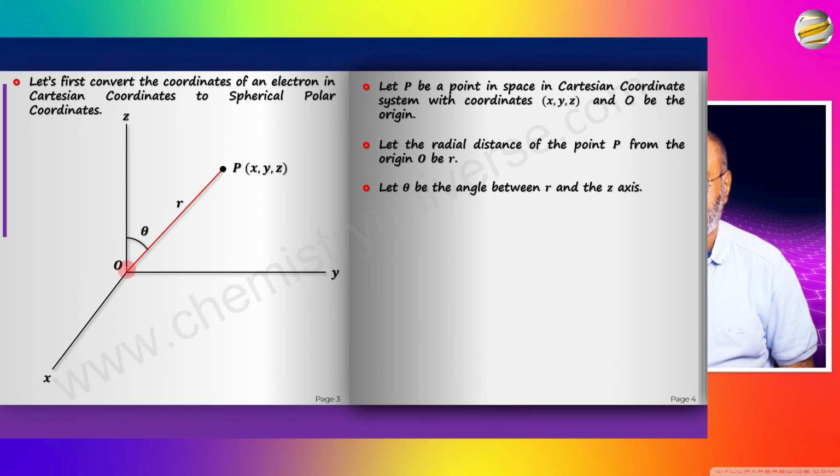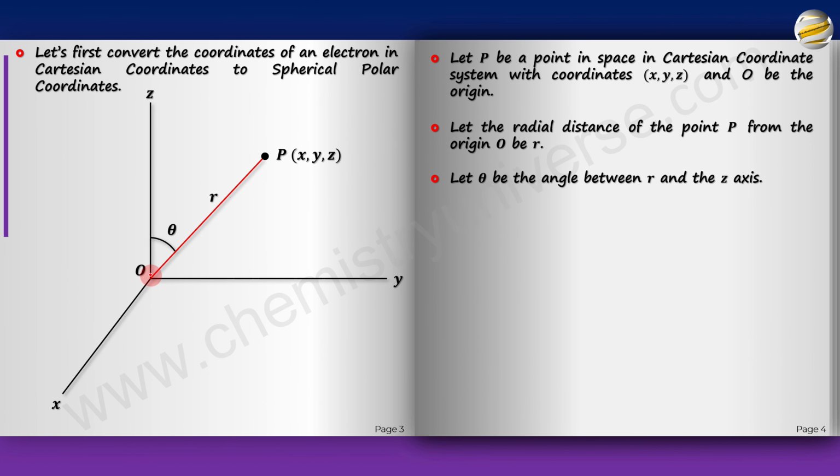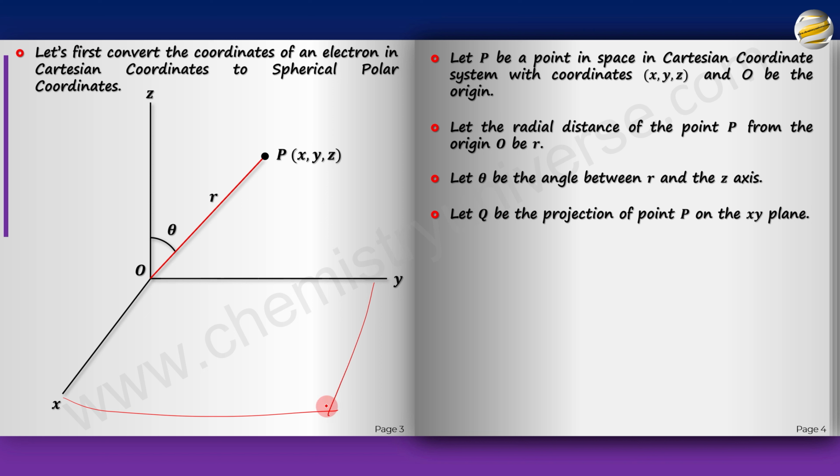And then let Q be the projection of point P on the xy plane. Remember, this is the xy plane, this entire region is the xy plane. So I project this, that means draw a perpendicular. And this point is Q. So I draw this line and this is Q.